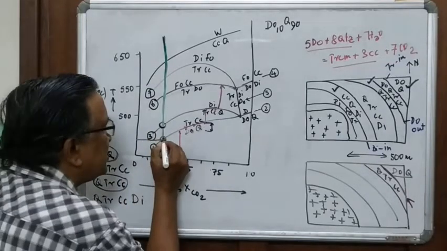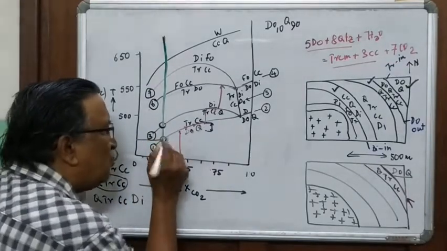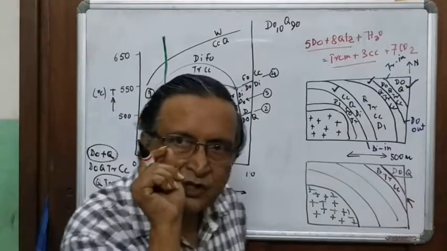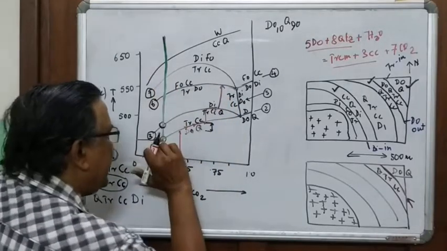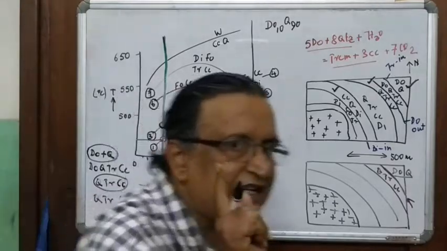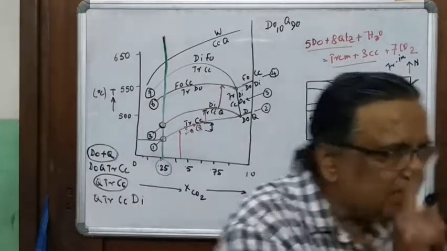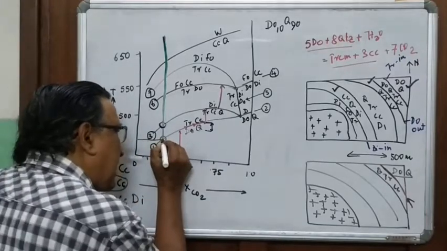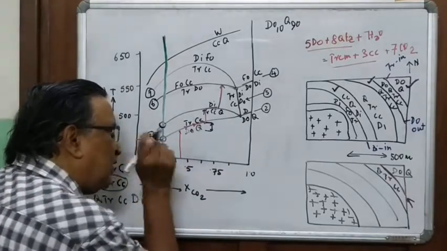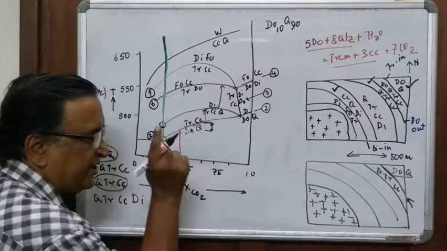Why? Because high variance assemblages only occur at a particular temperature, where this path intersects the univariant reaction. So this reaction will occur only at a single temperature.